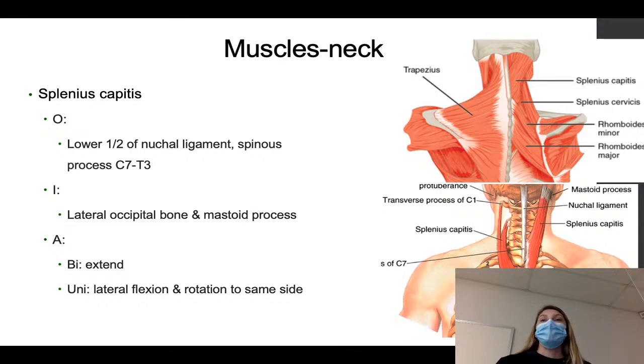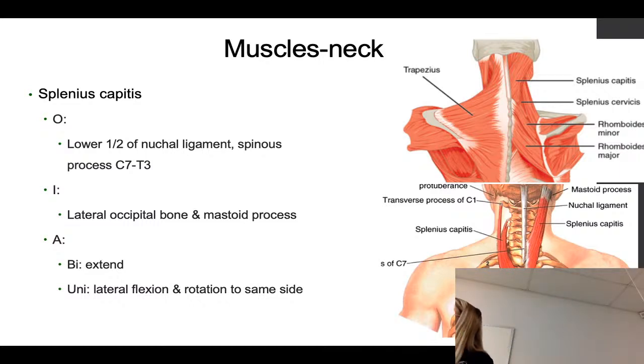So our splenius capitis, we can see right here with no other muscles on it, and we can also see right here. The origin is going to be the lower half of the nuchal ligament, so the bottom region, and it's going to be on the spinous processes of C7 through T3. So that is C7, T1, T2, T3.